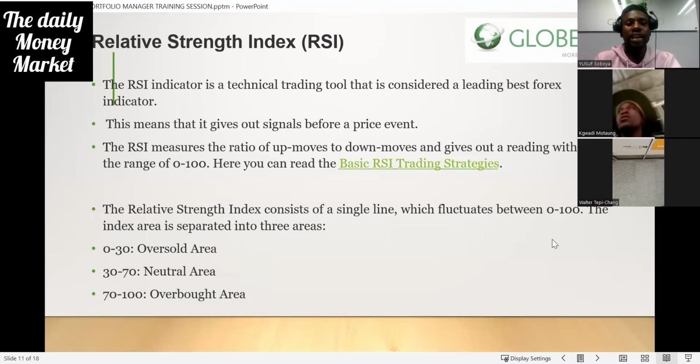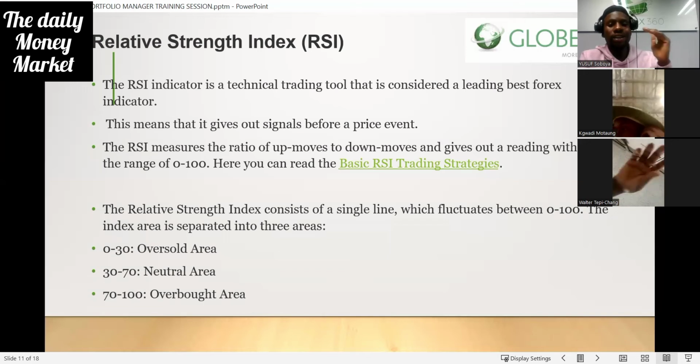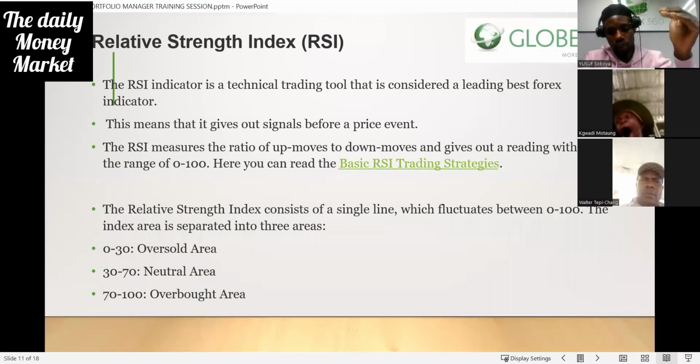The index is separated into three areas: 0 to 30 is the oversold area, 30 to 70 is the neutral area, and 70 to 100 is the overbought area. If the line touches that 0 to 30 indication, you know that this instrument looks like it's oversold.